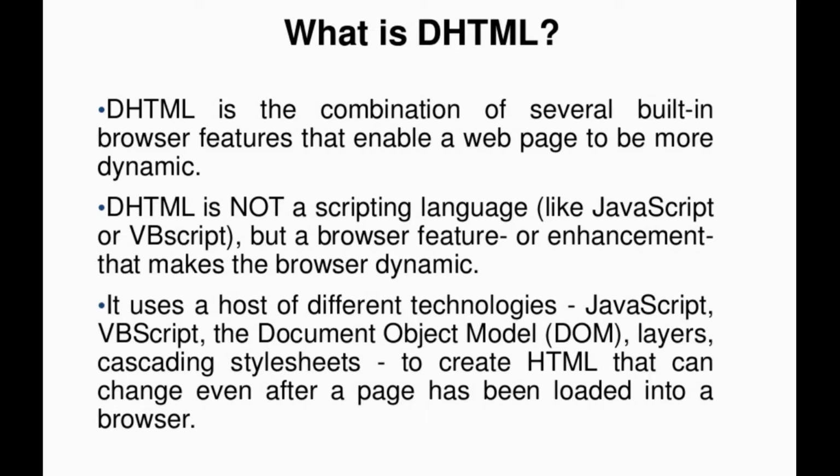It uses a host of different technologies: JavaScript, VBScript, the document object model, that is DOM, layers, cascading style sheet, CSS, to create HTML that can change even after a page has been loaded into a browser. That is why DHTML is also known as dynamic hypertext markup language.